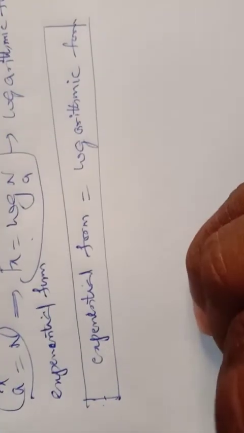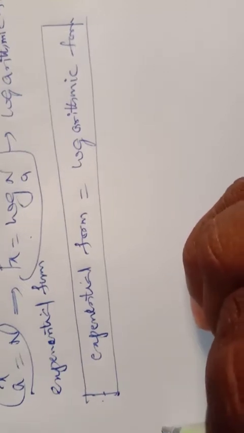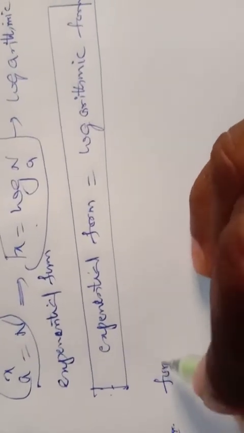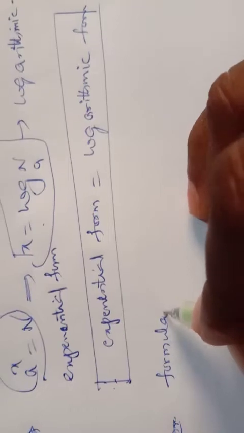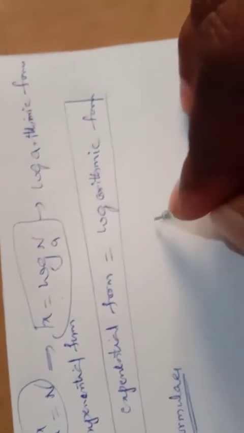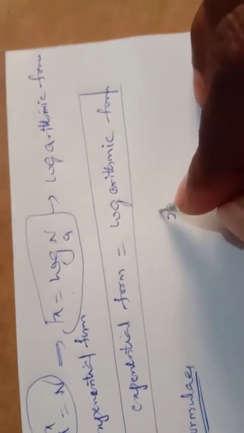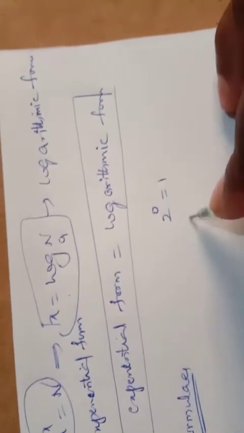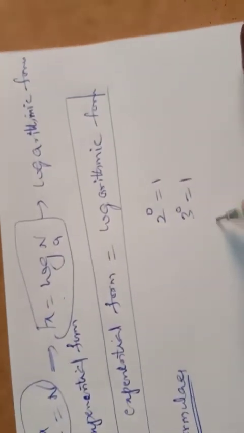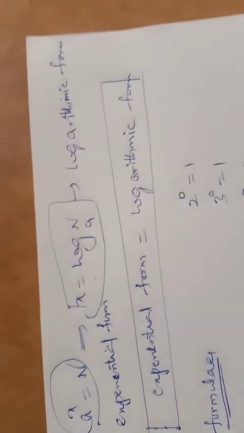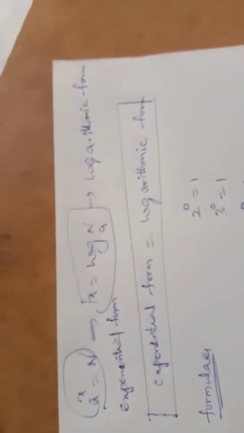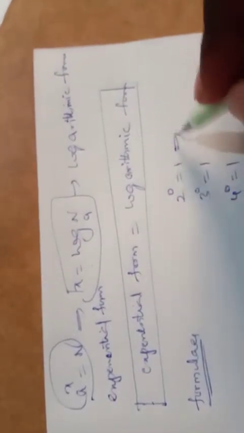Here we have properties or formulas of logarithms. Suppose we have 2 power 0 equal to 1, 3 power 0 equal to 1, 4 power 0 equal to 1. By the definition of logarithm, we have to convert into logarithm form.